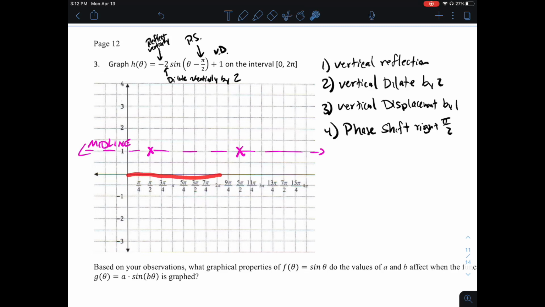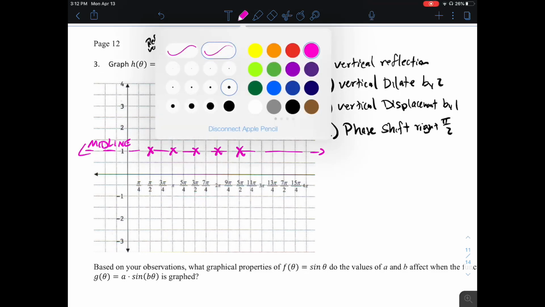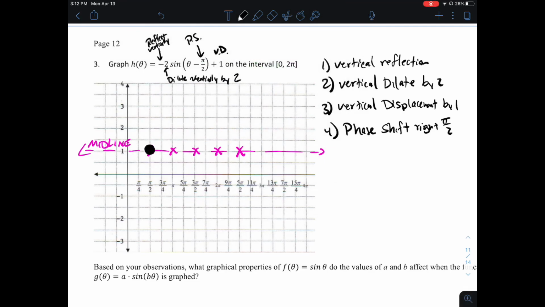From 0 to 2 pi, it's 8 boxes. So from pi over 2 to 5 pi over 2, it's also 8 boxes. Halfway between that is the middle of the period. And we got 1/4 of the way through and 3/4 of the way through. From memory, sine touches the midline at the beginning, middle, and end of the period. Sine is above the midline 1/4 of the way through.